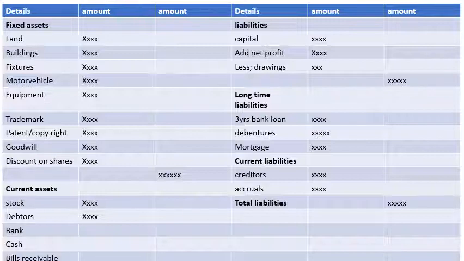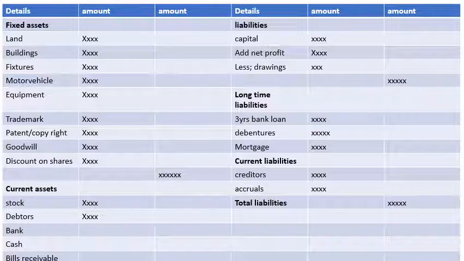Then on the side of liabilities, on the credit side, we shall record liabilities and start with capital, add the net profit, less drawings, then you get your total. Long-term liabilities: bank loan, debentures, mortgage.